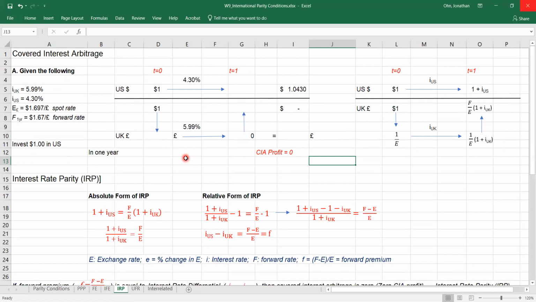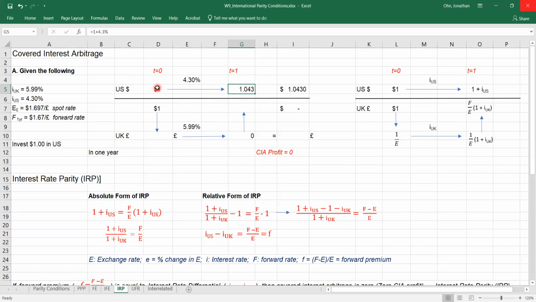Covered interest arbitrage, for example, if you are given this information, let's see what happens, right? For example, this one is 4.3% in the US, so one plus 4.3%, 1.043, so $1 will increase to 1.043 in 1 year.